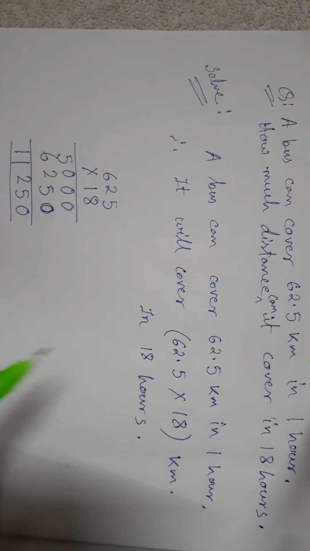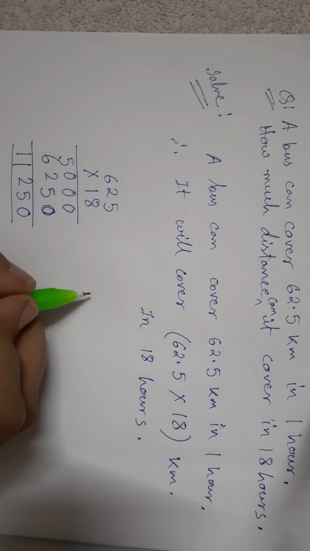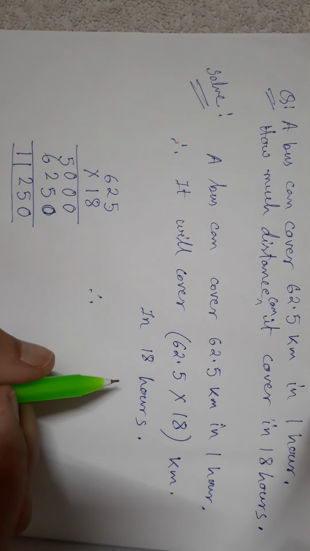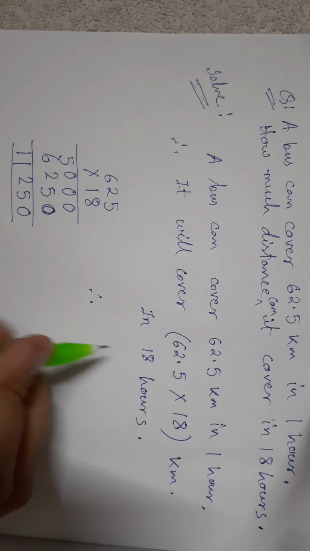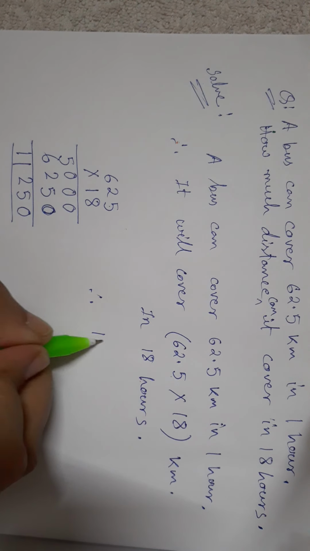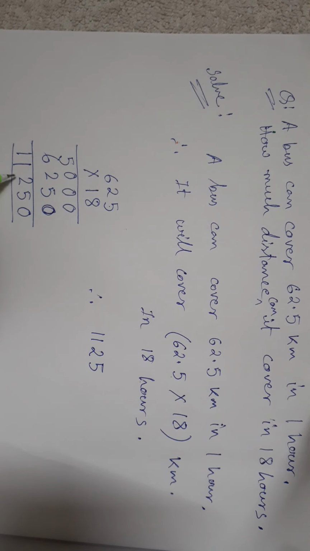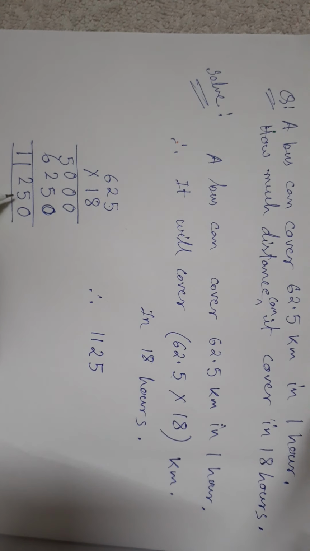You can see, students, here only 62.5 is given. So in the answer of this multiplication, you have to consider only one decimal place to put the point. So the answer is 11250, then you have to put the point from the right side. From the right side, one decimal place, so we have to put the point here.